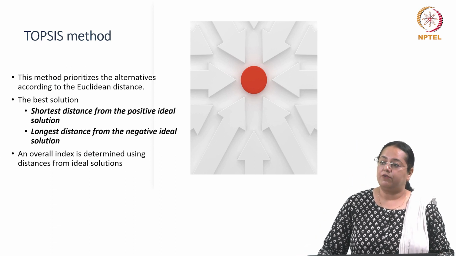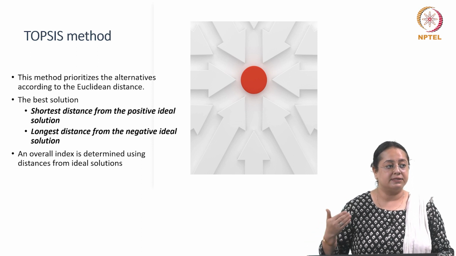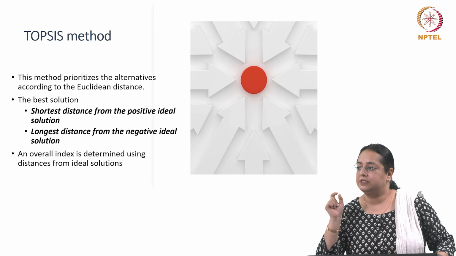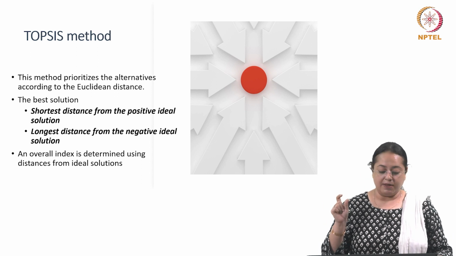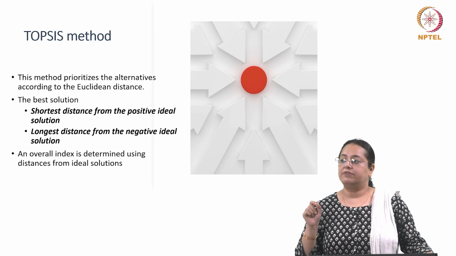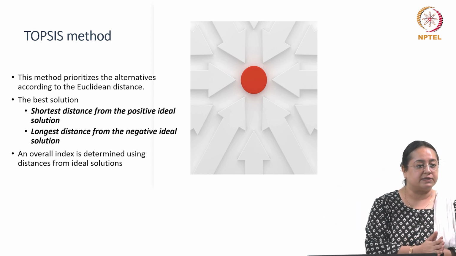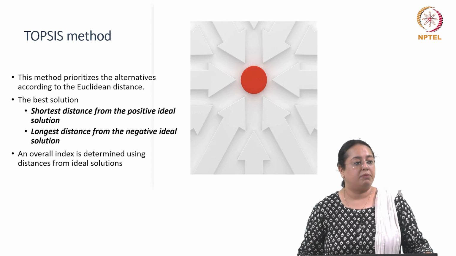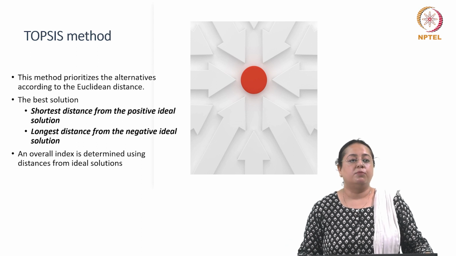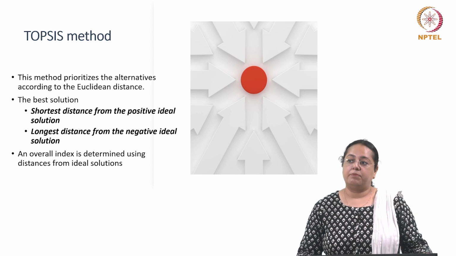The concept of TOPSIS is this: prioritize or rank the suppliers according to Euclidean distance. The moment we say distance, it means there is some ideal solution. If there is a positive ideal solution, then any supplier that qualifies based on the criteria as close as possible to the positive solution would be the best solution.